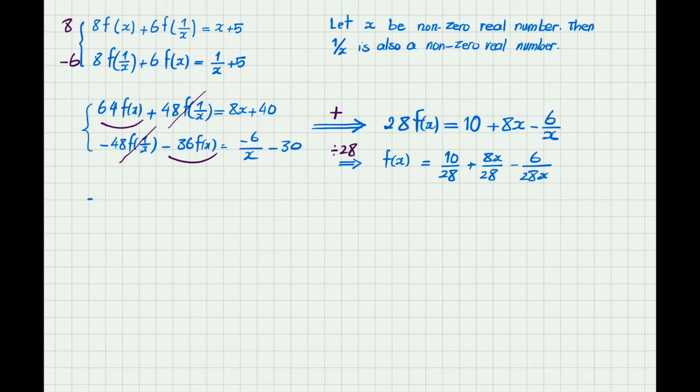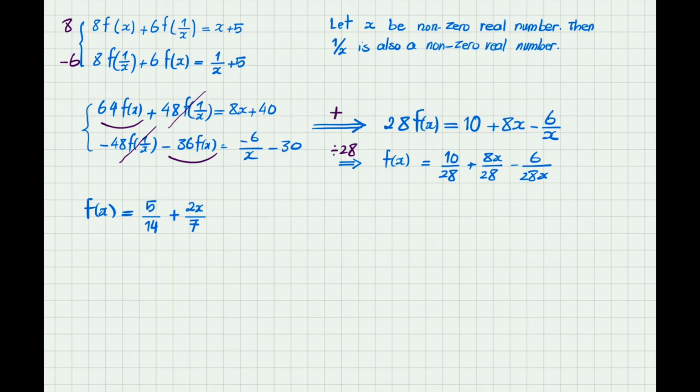But I can also simplify my function. So here 10 and 28 are simplified by 2. It becomes 5 over 14. So I would write 5 over 14. The next one I can simplify by 4. It becomes 2. This becomes 7. So 2x over 7. So it becomes plus 2x over 7.